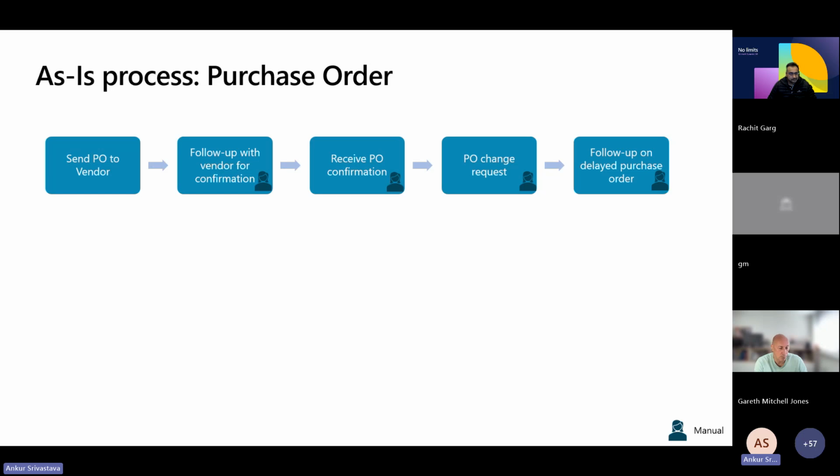Now, let's talk about the purchase order process. The purchase order is created in D365 FNO, and then the purchase order is sent to respective vendors. Procurement personnel spend time following up with the vendor for confirmation.